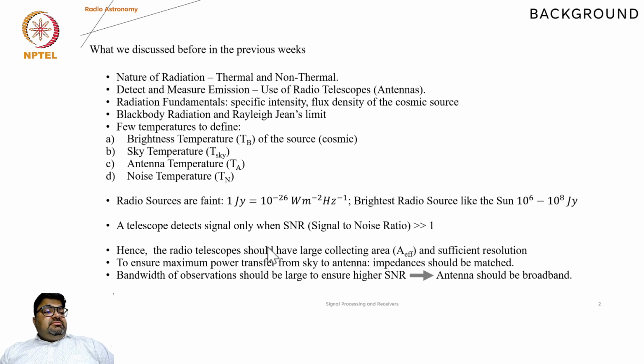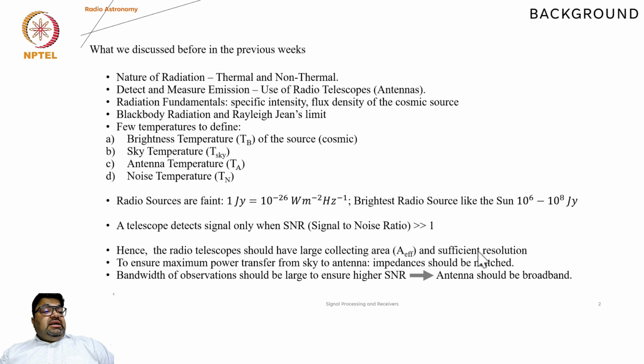In order to do that, we have to build larger, more sensitive telescopes with sufficient resolution and collecting area. We need to ensure that the maximum power transfer happens by impedance matching, which we did last week.